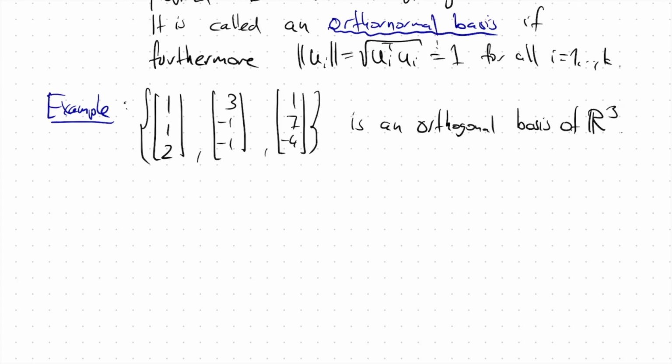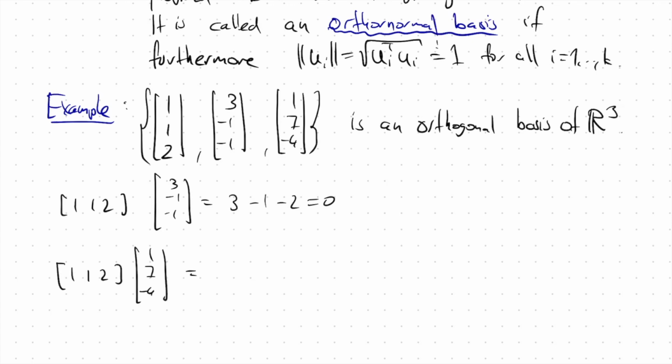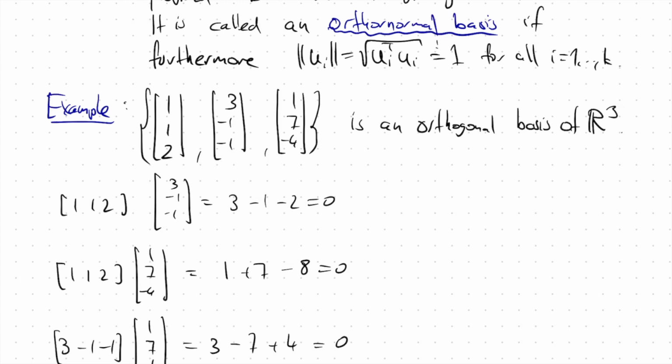So let's check it's orthogonal. The first product gives 3 minus 1 minus 2 is 0. The second product gives 1 plus 7 minus 8 is also 0. And the last combination of 2 vectors where we can check orthogonality gives us 3 minus 7 plus 4, which is also 0.